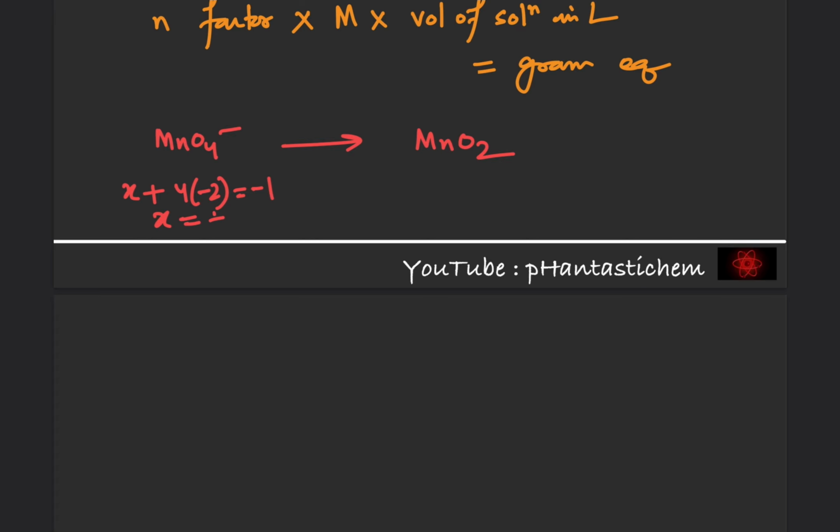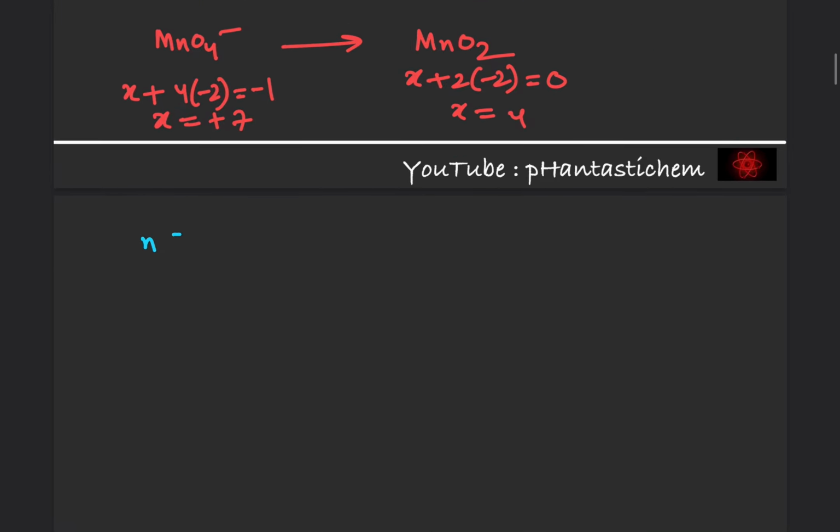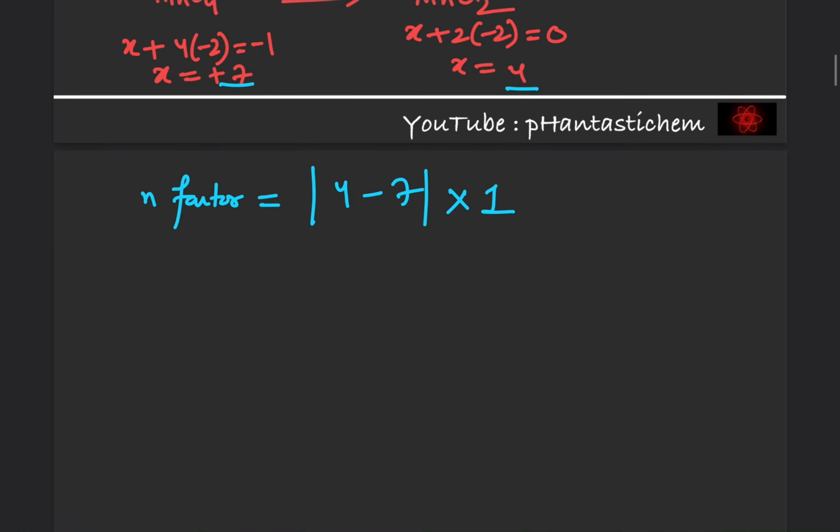So therefore x is equal to plus 7. Here x plus 2 into minus 2 will be equal to 0. So therefore x is equal to 4. Okay, so therefore n factor is going to be magnitude of 4 minus 7, final oxidation state minus initial, and its magnitude into 1. Okay, because 1 Mn atom is there in the reactants. So this will be equal to 3.